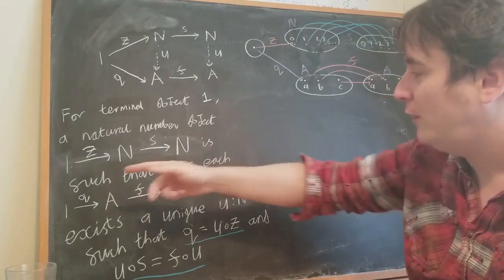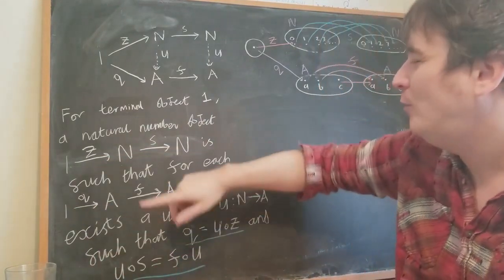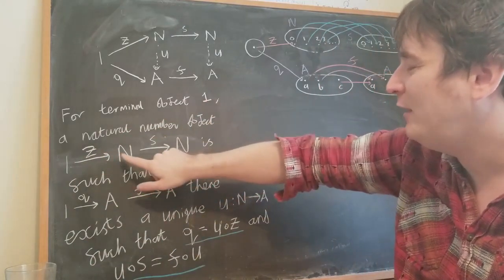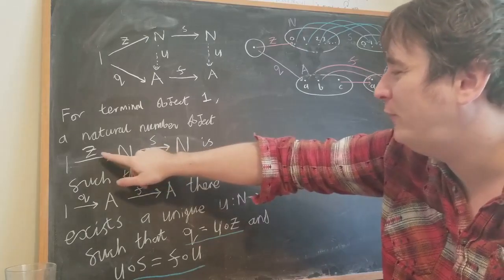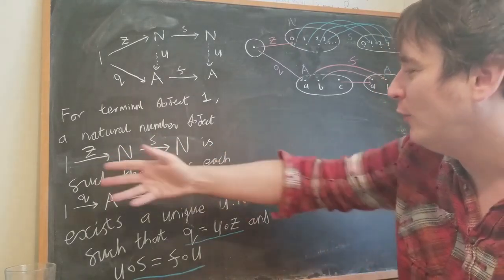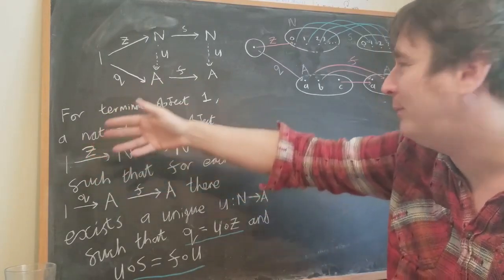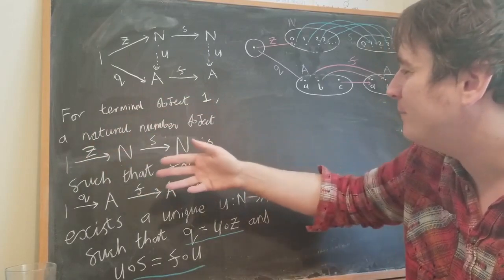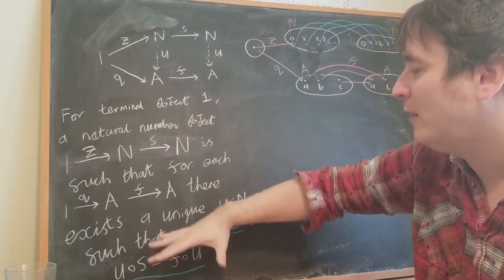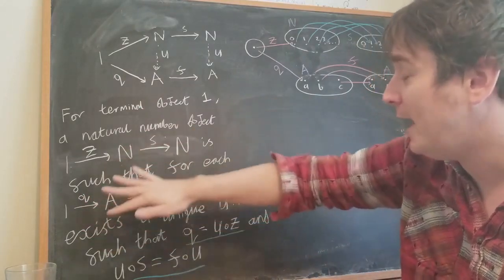Now, of course, if we just stopped our definition there, we wouldn't have any means to say anything special about what this Z, N, and S mean. The meaning we ascribe to them here is because of the way that they relate to these other things in the category.